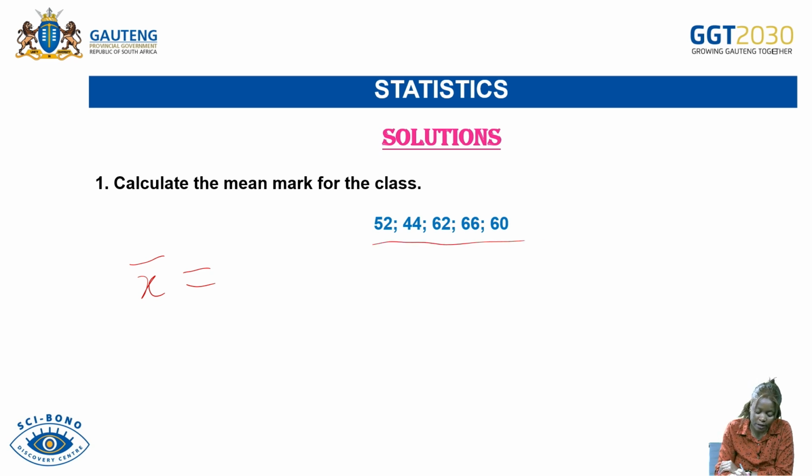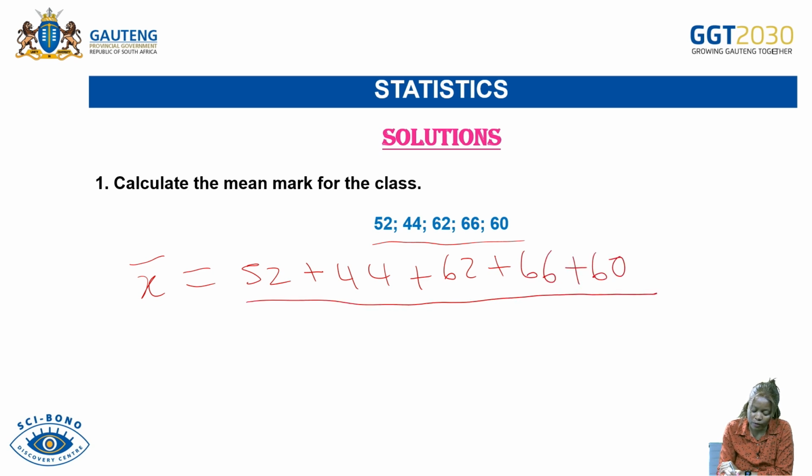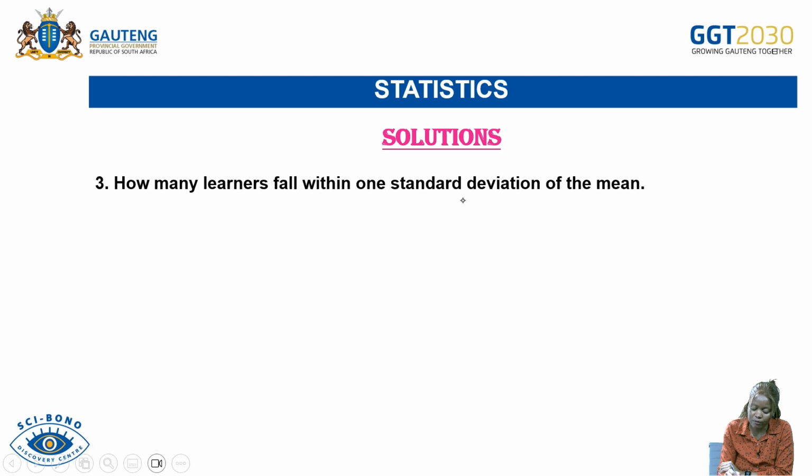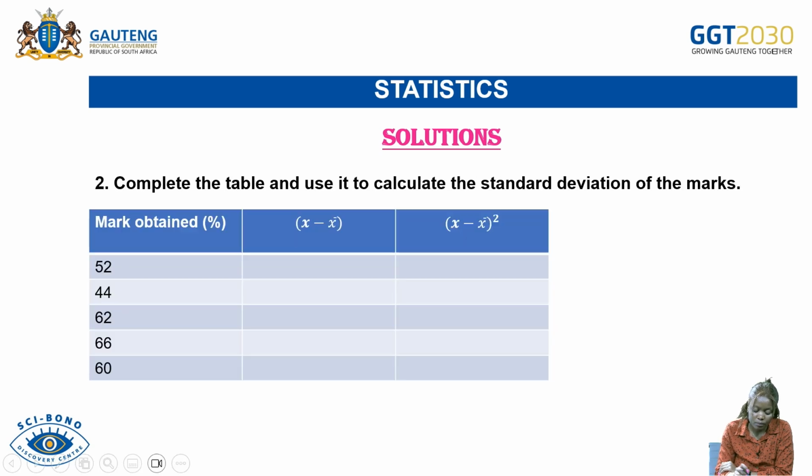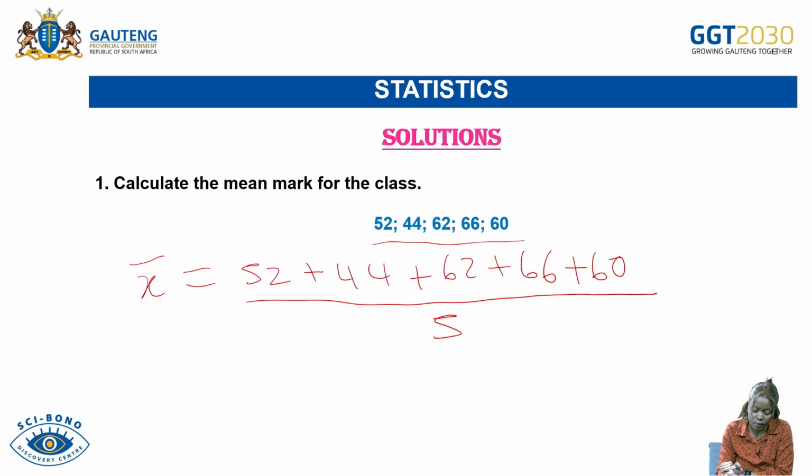So you will have 52 plus 44 plus 62 plus 66 plus 60, all over 5, because the number of values here is 5: 1, 2, 3, 4, 5. So your x bar will be 56,8.